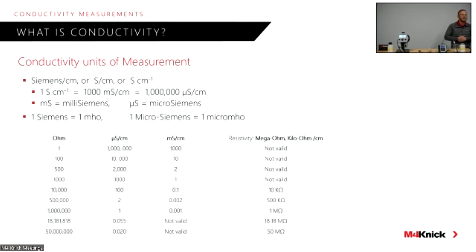The vast majority of these industrial measurements are made in either the microsiemens range, very low conductivity, or the millisiemens range. You can see some typical values here and what those refer to. Obviously, 1,000,000 microsiemens equals 1,000 millisiemens. It's important to note, and this is often how you'll see it throughout your plants, the different conductivity values displayed on your pieces of measurement equipment.